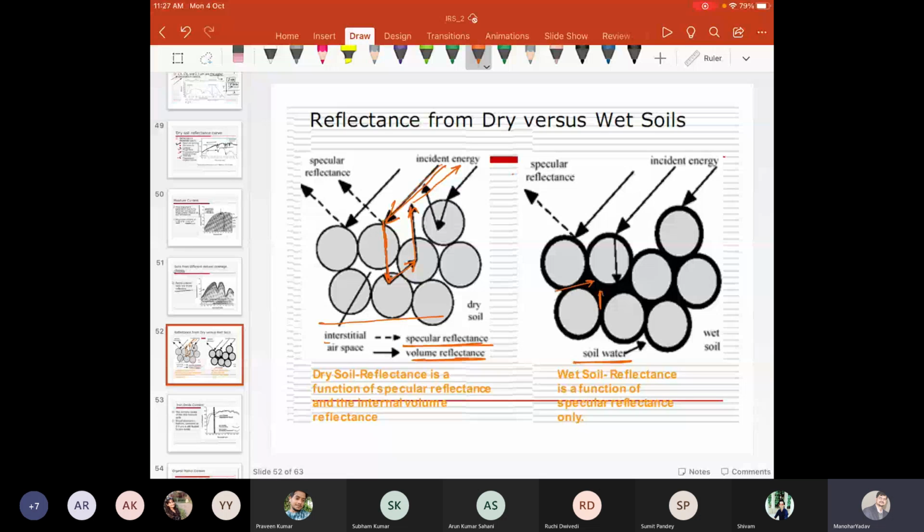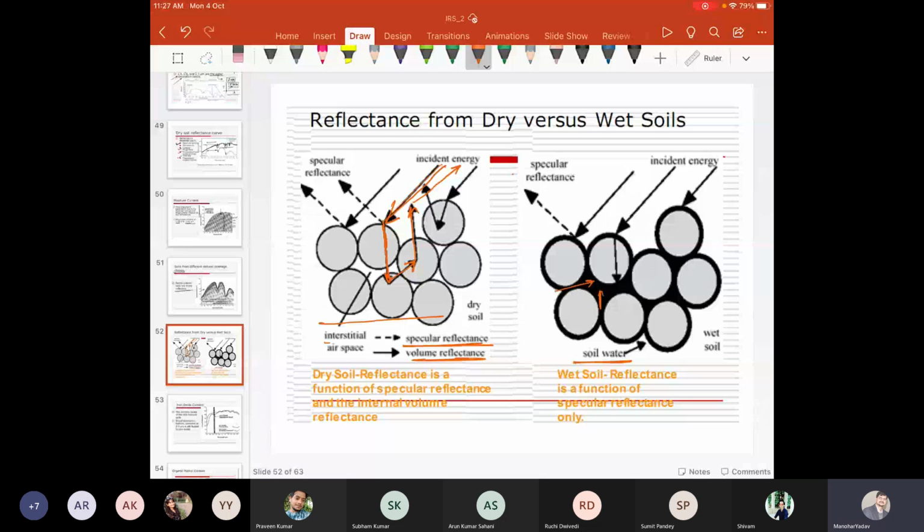It means this gap. They are larger. So these are the interstitial gaps, the voids, and it is due to the larger particle diameter.